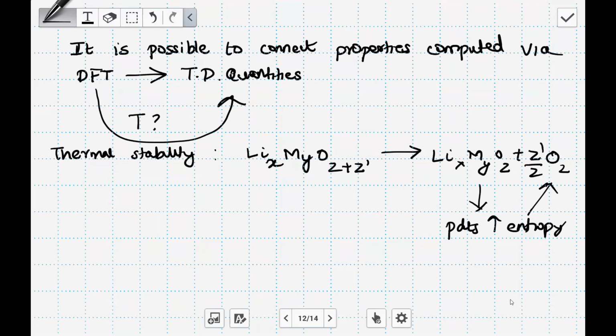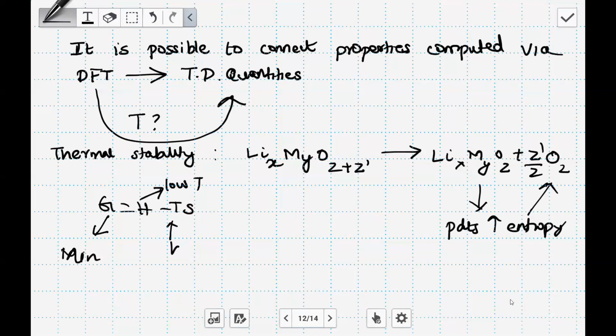As the entropy is greater, we have G equals H minus TS, right? So an increase in temperature will favor the products. Overall, what do we want to do? We want to minimize free energy. At low temperatures, the enthalpy term is getting minimized.